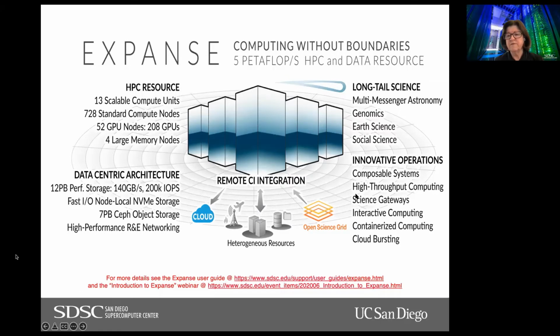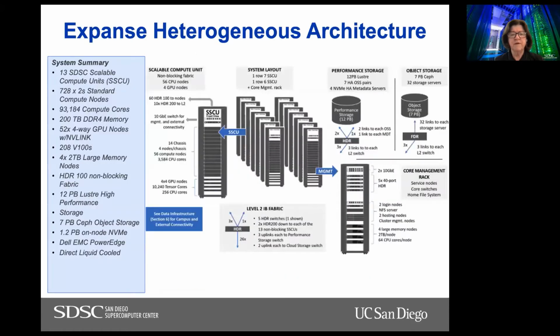We have a lot of science gateways, interactive computing, using notebooks in a more secure, safe, advanced way by default, making it natively usable, and containerized computing and cloud bursting. Some of these are research features that will be released over time. Expanse is a 5 to 10 year system. If you want to know more about these, go to the Expanse webpage, and there's a lot of information in the user guide.